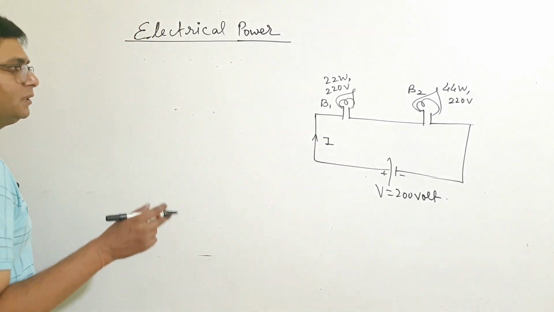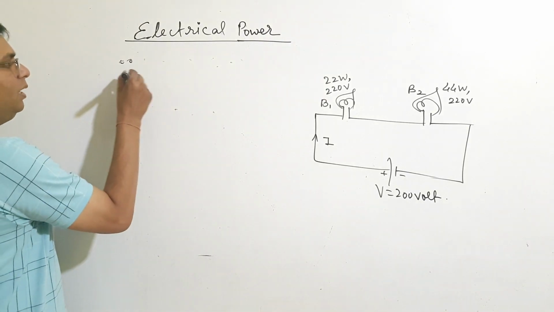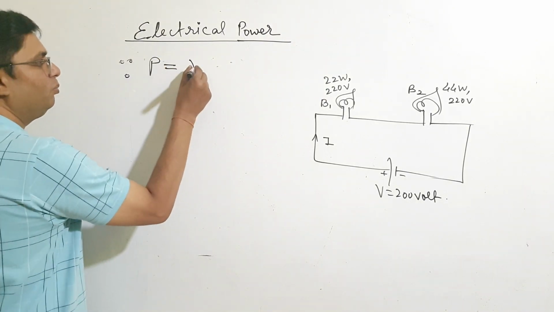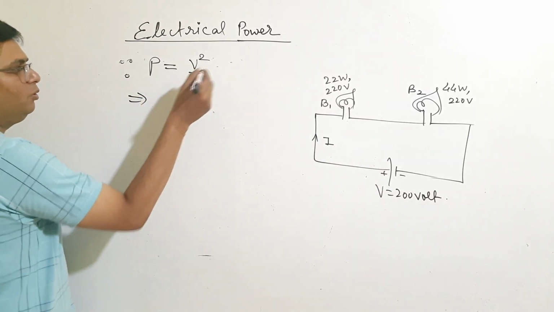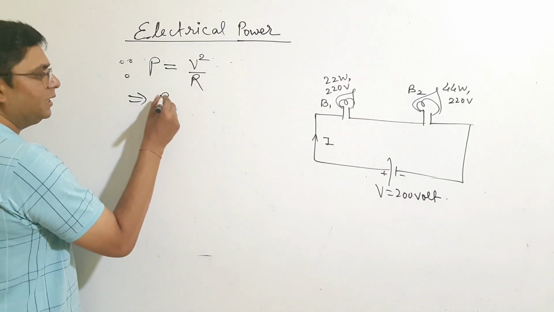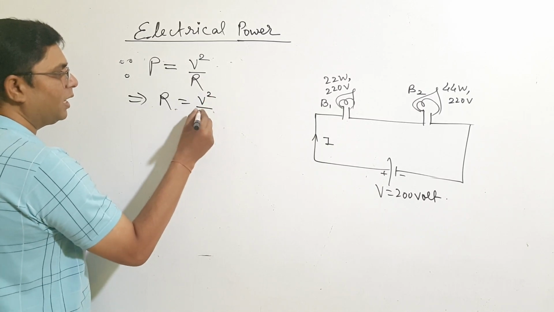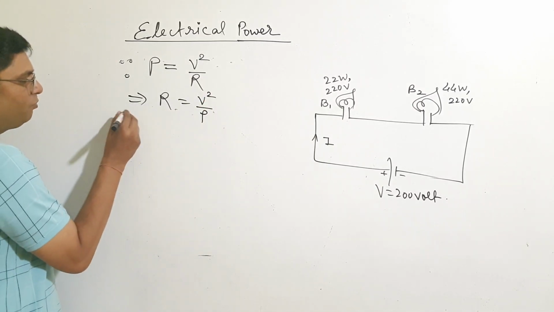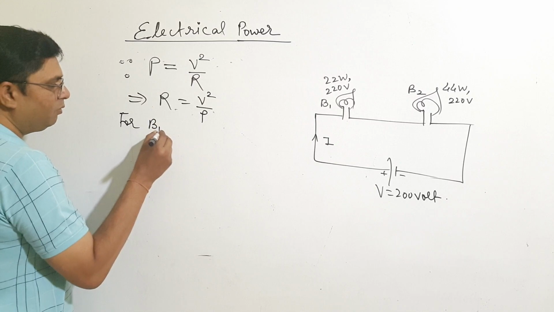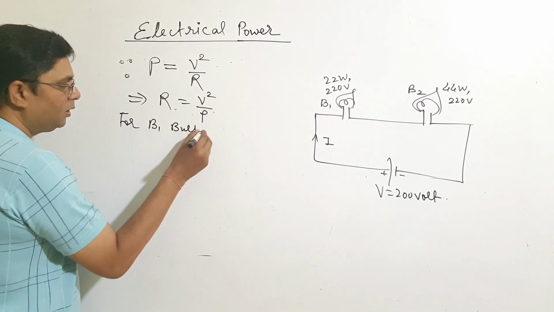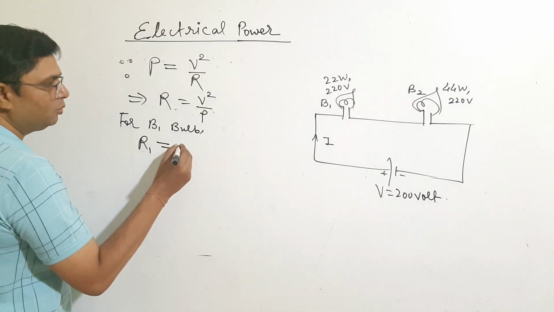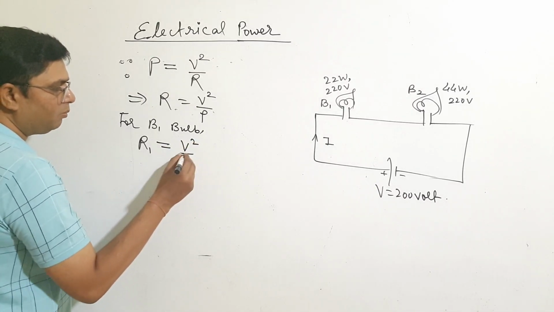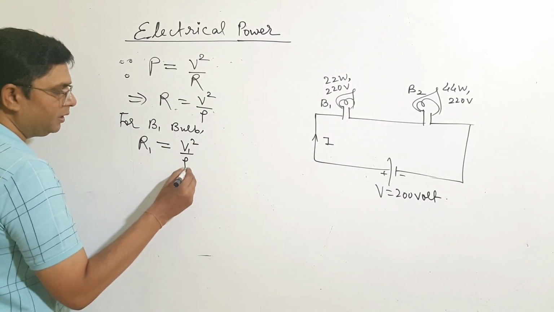For solving this, we have the basic formula, power P is equal to V square upon R. So from here you can write resistance R equals V square upon P. For bulb B1, you have resistance R1 equal to V1 square by P1.